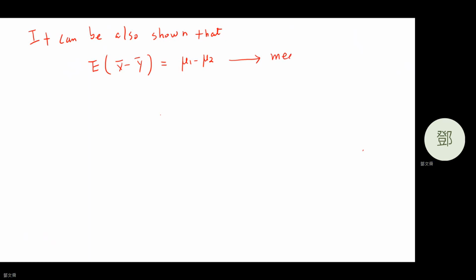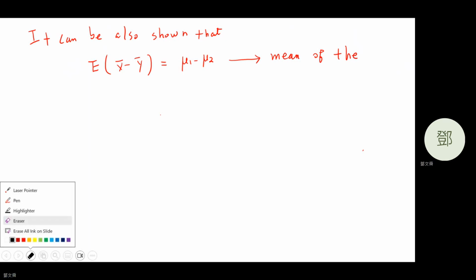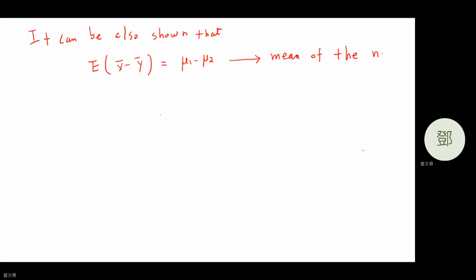The mean of the new random variable x bar minus y bar, and the variance of x bar minus y bar is sigma 1 square over n1 plus sigma 2 square over n2.